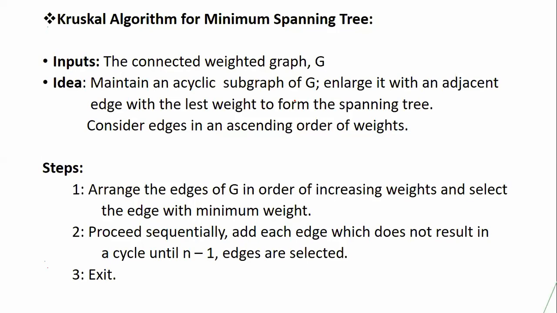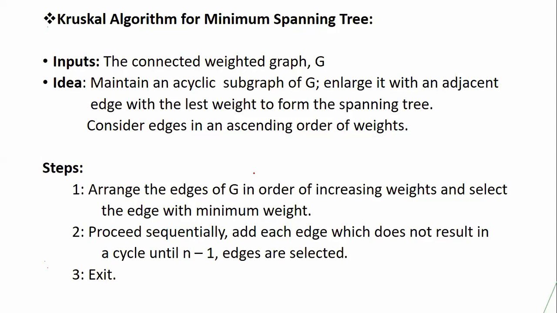Arrange the edges of G in order of increasing weight and select the edge with the minimum weight. 2. Now proceed sequentially. Add each edge which does not result in a cycle until n minus 1 edges are selected. 3. Exit. If you are able to do that, then you stop the process.